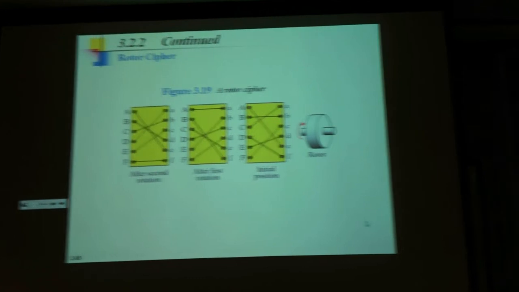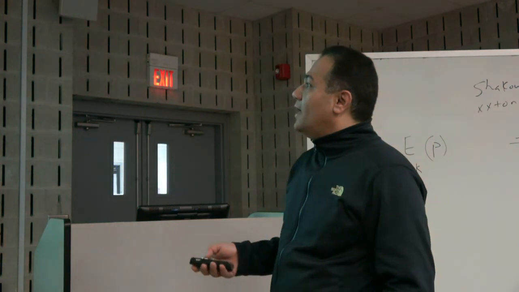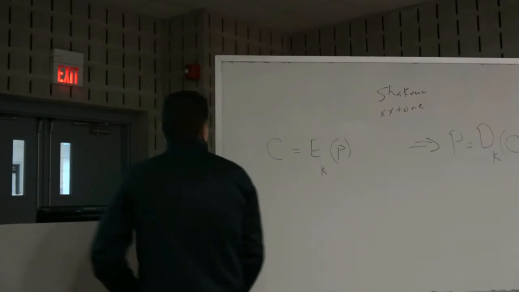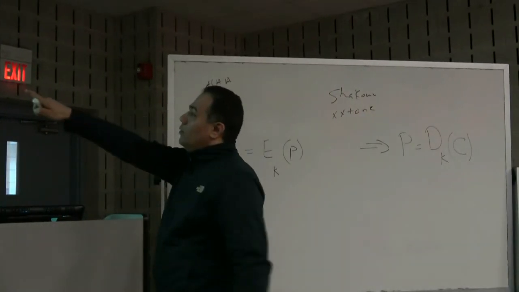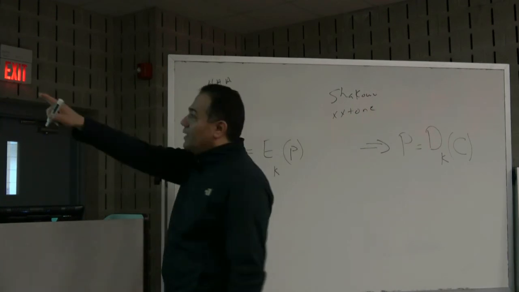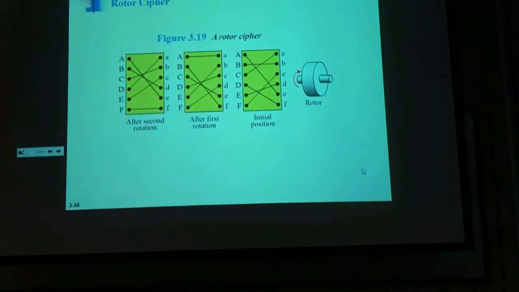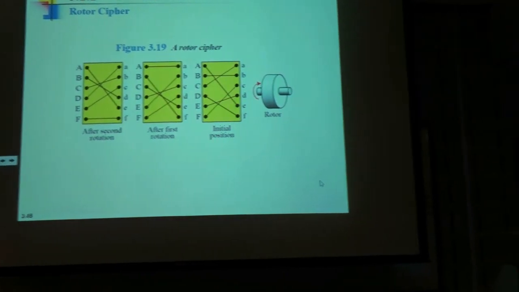So for sending the first 3 characters, let's say that you are sending A. So the first A will be sent as E. The second A as A. And the third A as E.